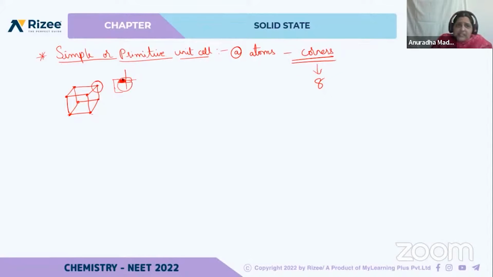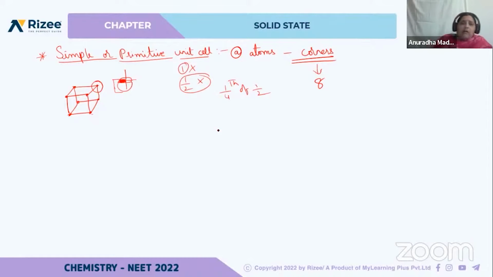So this is also not at all half. First of all, it is not fully present inside that cell, and half is also not possible. 1/4 of the half is present inside that unit, coming into the cube.